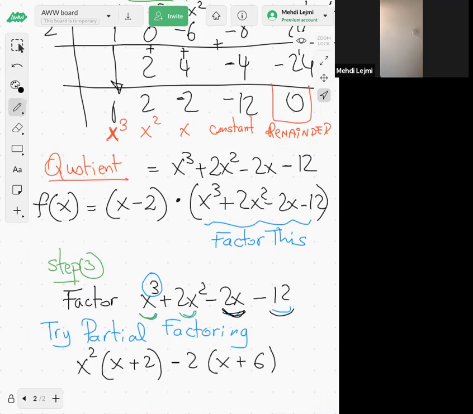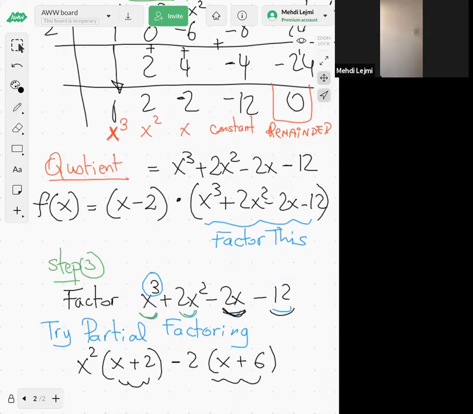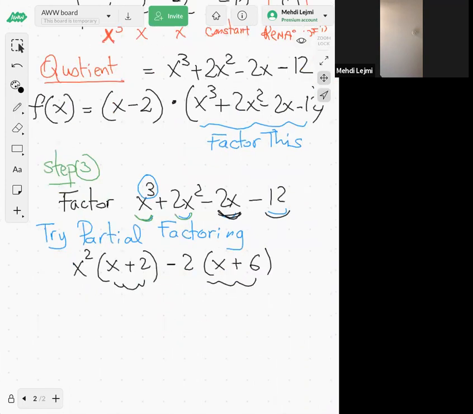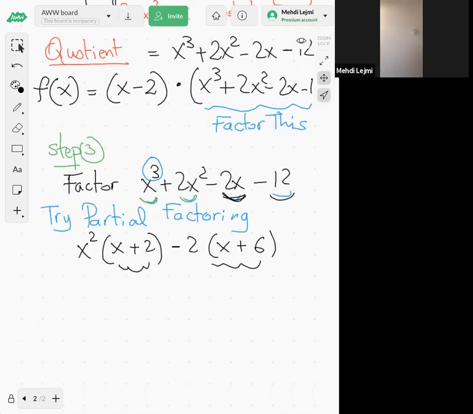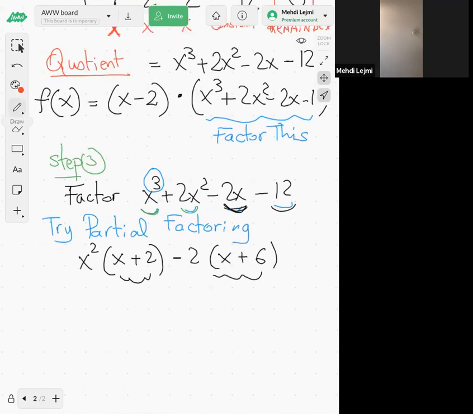But this is not the common factor, right? So partial factoring here doesn't really work. So then what we can do is try again our possible rational zeros.